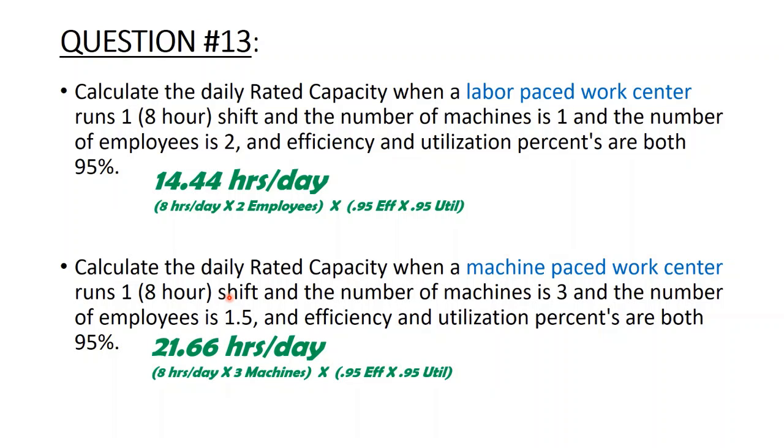If you calculated 21.66 hours per day, then give yourself a point. That formula was to take the 8 hours per day times 3 machines for the gross capacity, and then factor it by the efficiency and utilization.